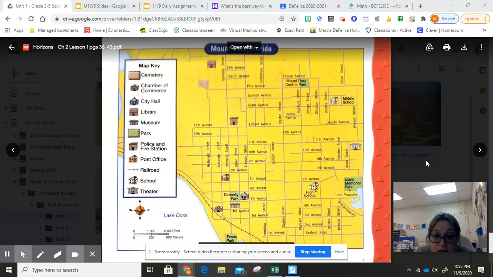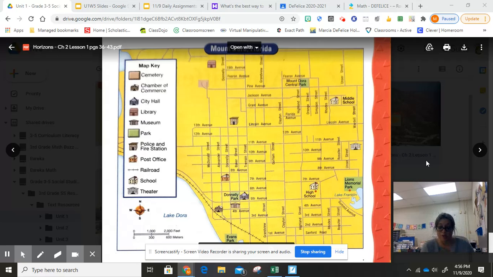Okay, so it looks like it's on the corner of Lincoln Avenue and Donnelly Street. So if I was asking you for directions on how to get to the police and fire station, you could tell me you need to go north on Donnelly Street, and it's on the corner of Donnelly Street and Lincoln Avenue. Or if I was coming down Lincoln Avenue, you could say you need to go west on Lincoln Avenue and stop when you get to the corner of Lincoln Avenue and Donnelly Street.